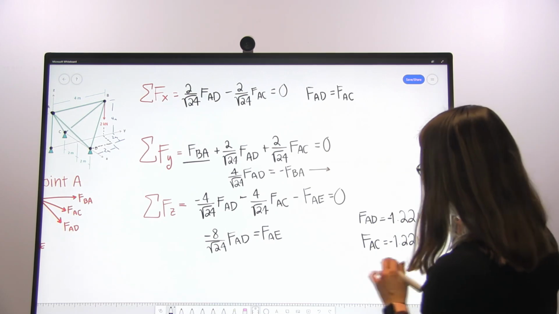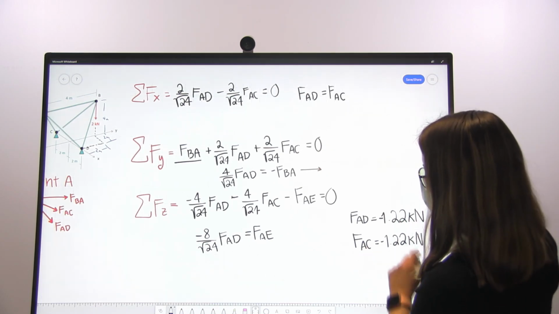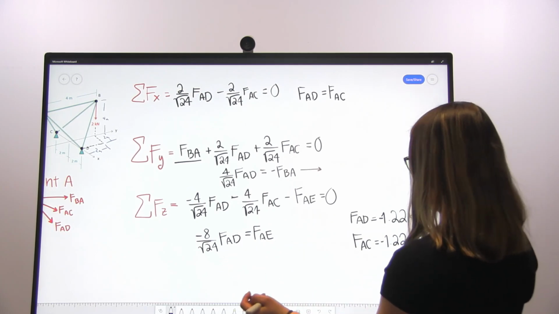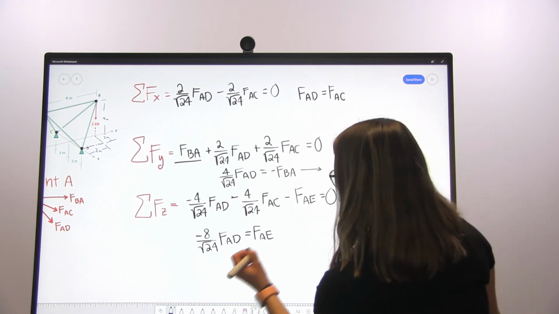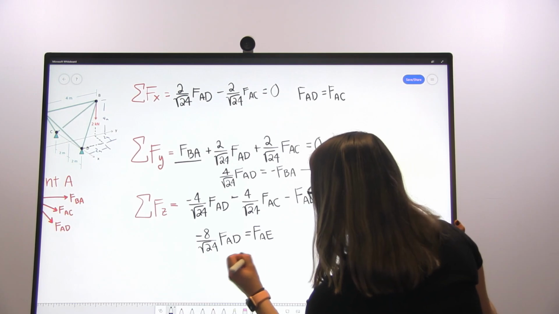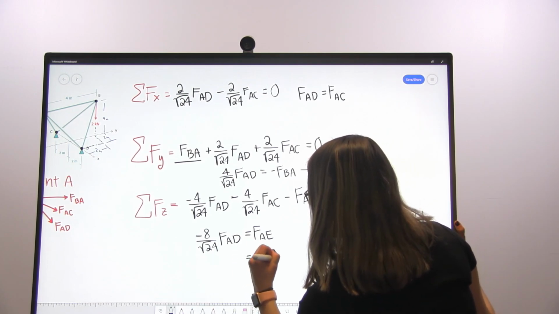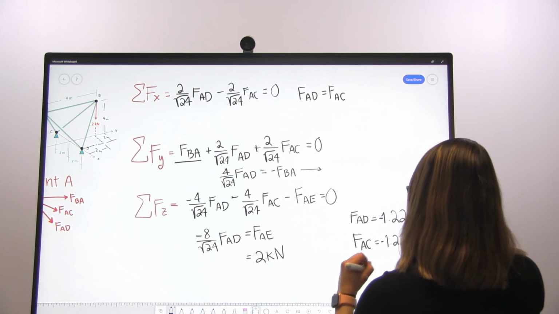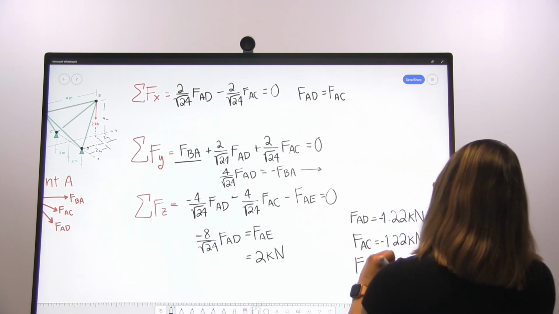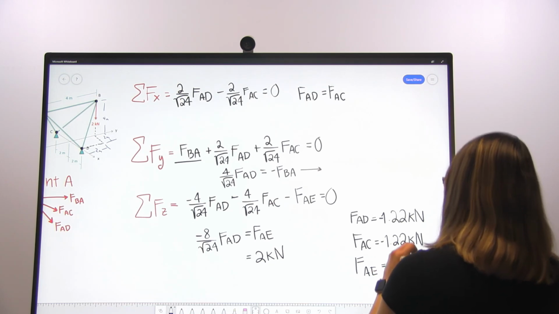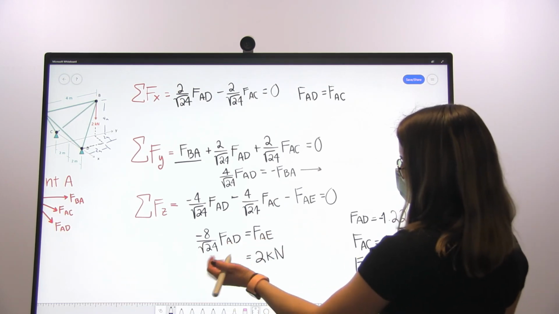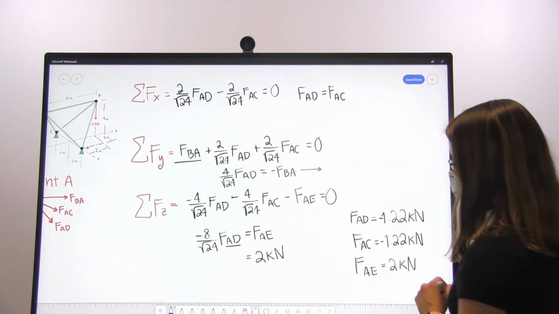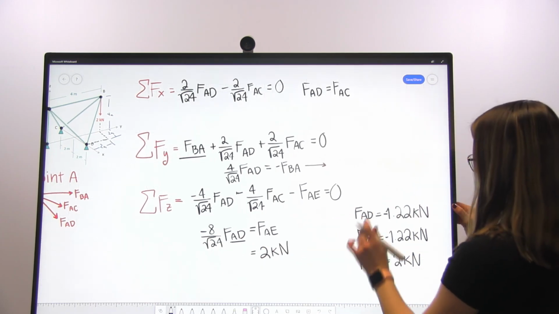And then lastly, we can solve for FAE. Now that we know what FAD is, we can solve for that, and that is going to be equal to 2 kilonewtons, once again using the fact that we had just solved for FAD. And that is it for the problem.